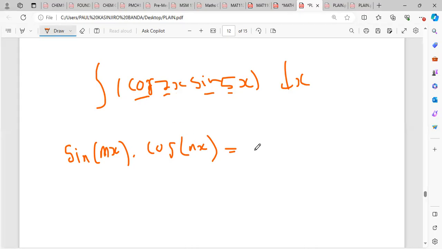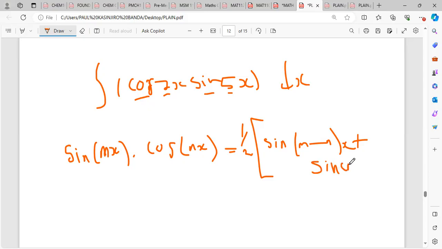When you differentiate this, what do you get? You get half equals to sine, in the brackets you say (m minus n)x, and then you say plus sine (m plus n), then you have your x outside there.